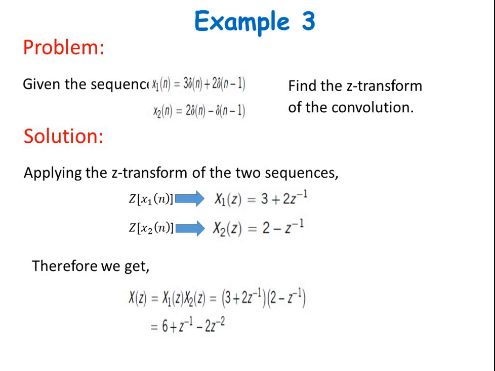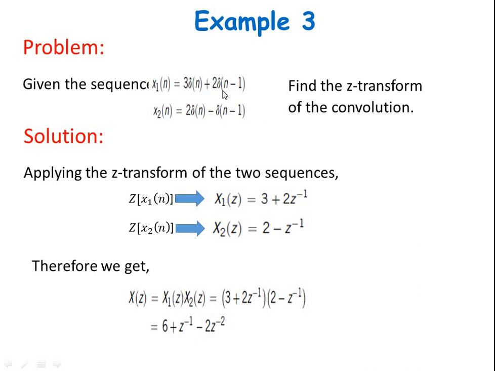Before that, here we have 2 sequences. The first consists of del of n. If we take the Z transform of this sequence, we can denote it as x1 of z. Here we have some constant, so we can keep it as such, and the Z transform of del of n is 1. So 3 into 1 will give 3, and here another constant 2, and here we have del of n minus 1.